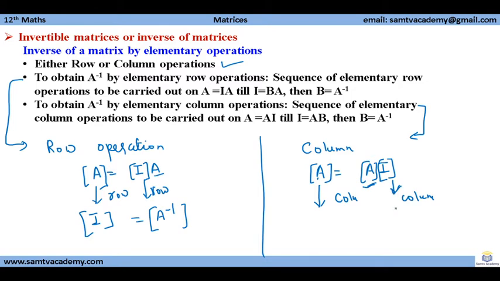So in this you have to do column operations till A becomes I, and when it becomes I, then this will become A inverse. So like this we can find the inverse of a matrix.